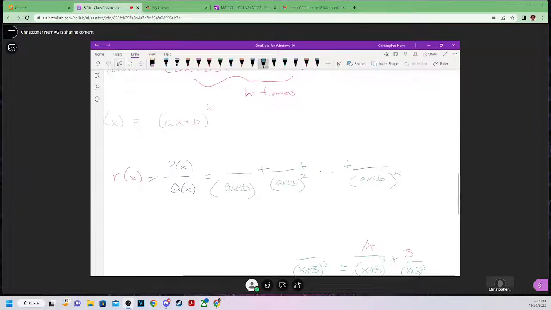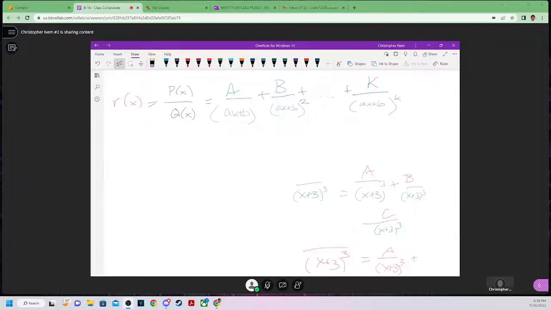But in doing so, right here, the numerators are just variables. Remember that. They're just variables. So the variables are going to be, we're just going to start from A, B, C, D, E, all the way to K. So I have this set of partial fraction decomposition.